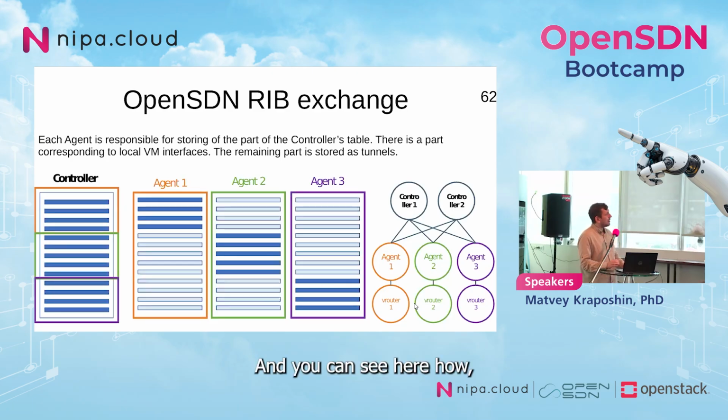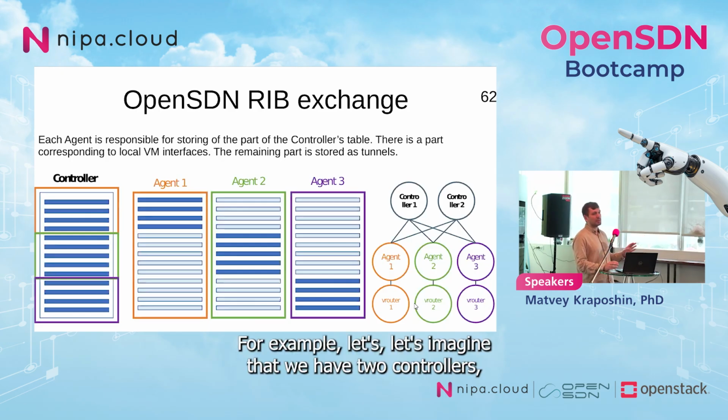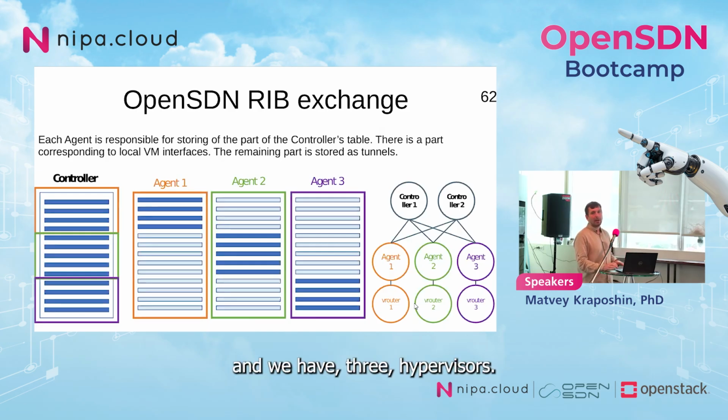And you can see here how tables are actually distributed among several hypervisors. For example, let's imagine that we have 2 controllers and we have 3 hypervisors. Then we have orange, green, and violet hypervisors.